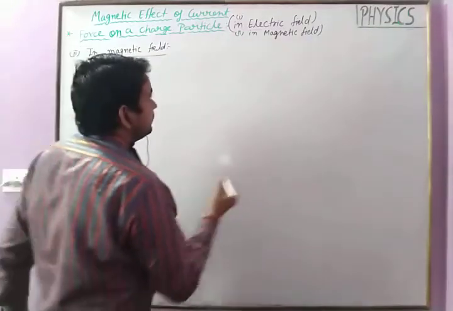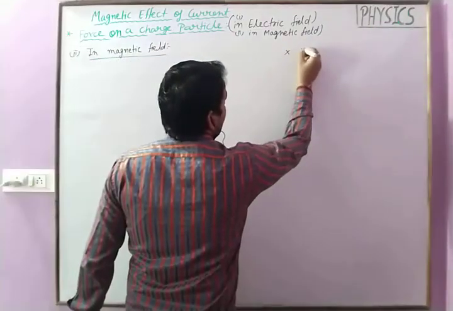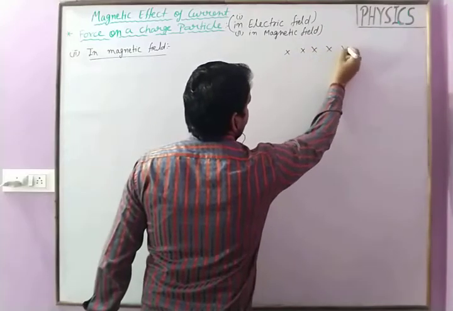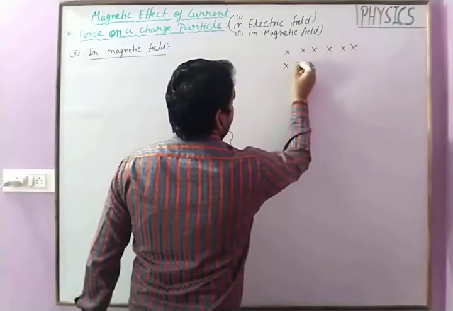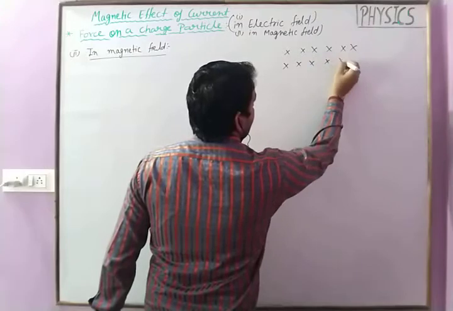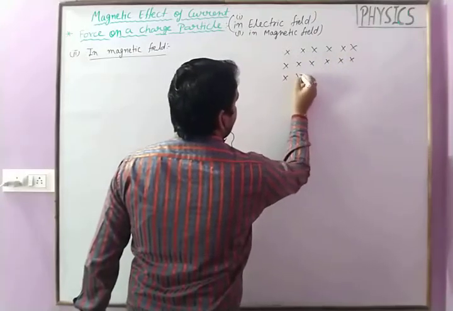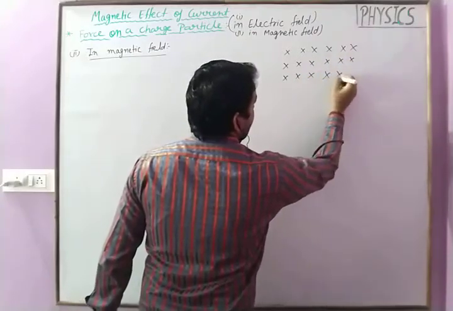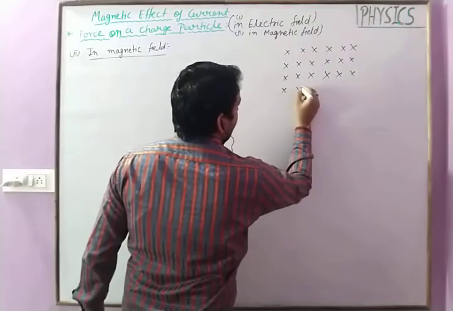Now, if a magnetic field is represented by cross, then the magnetic field is inward.